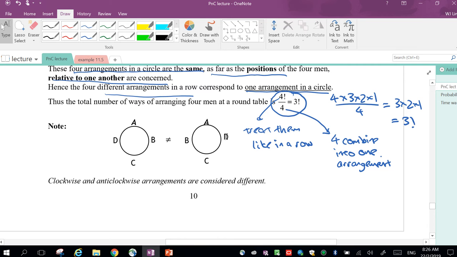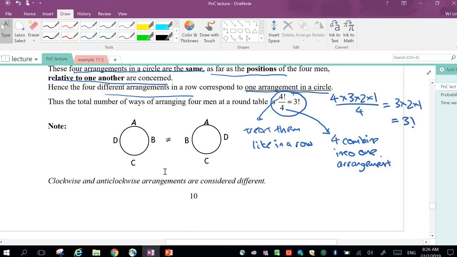D, right? Opposite is C. So this and this arrangement are different. Clear about that? Because imagine yourself as one person and then you see who's your left, your right, who's opposite. So the clockwise and anti-clockwise arrangements are considered different.